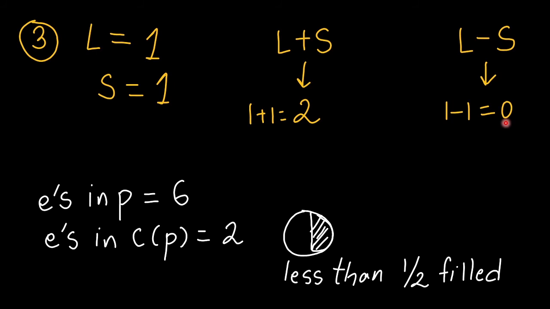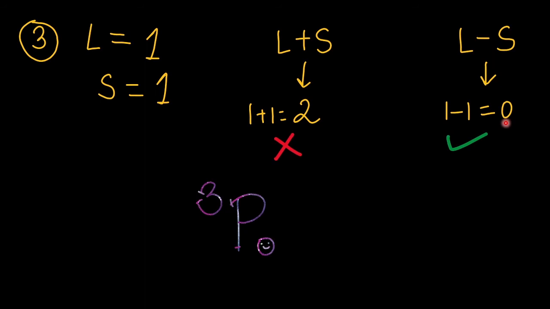See, the values of J will be between L plus S and L minus S. The intermediate values will also be there, but we need to consider the highest value and the lowest value. So in this case, we have a less than half filled situation, only 2 electrons. So what will be the value of J? 1 minus 1 equals 0.